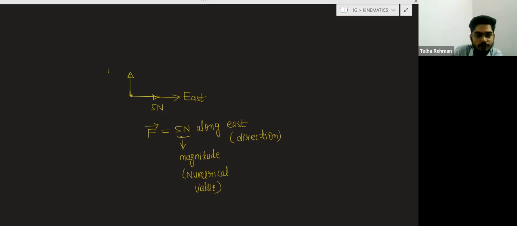If I am saying a force of 4 Newton is acting in the north direction, suppose this is your north direction, this is your F2 force.